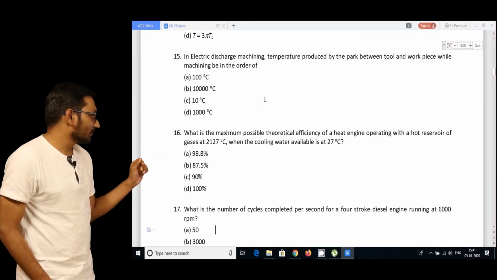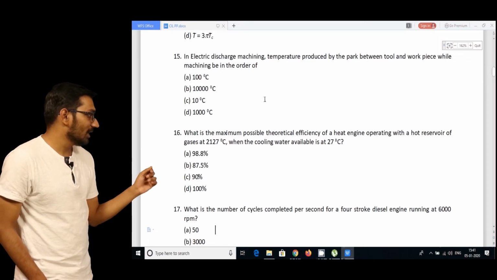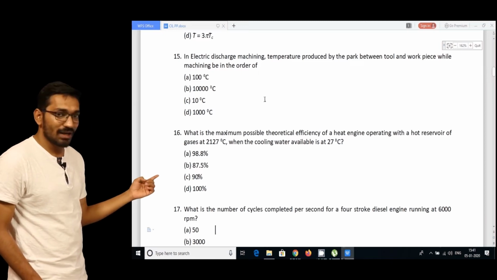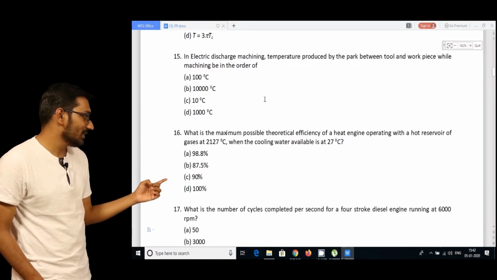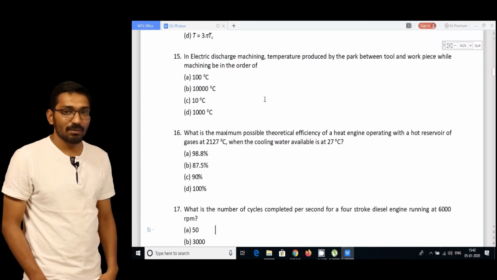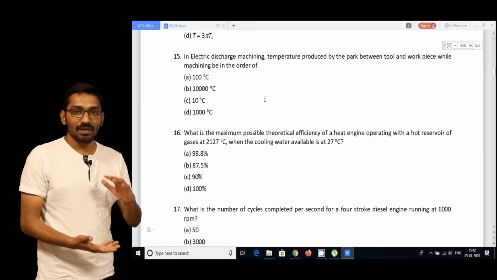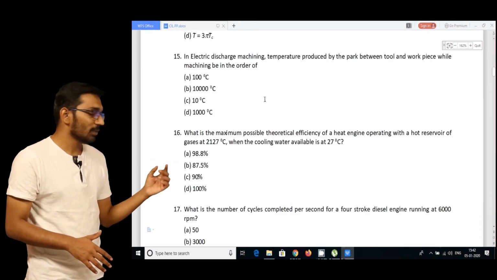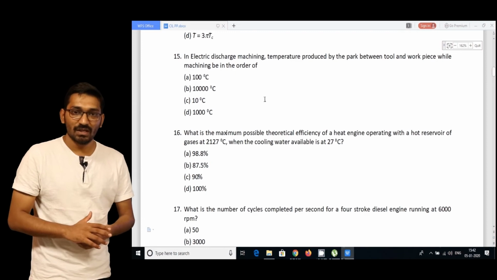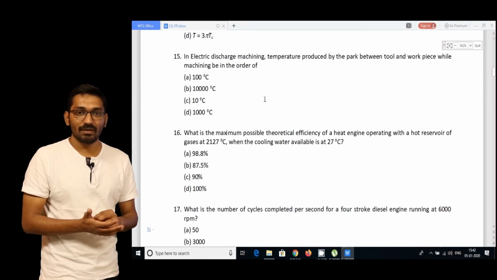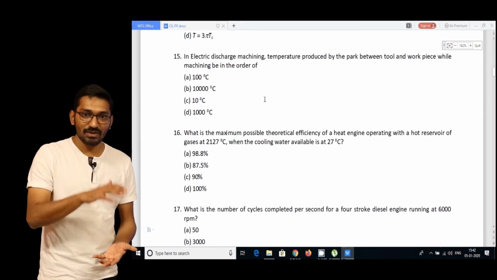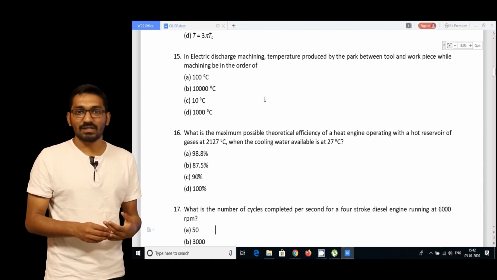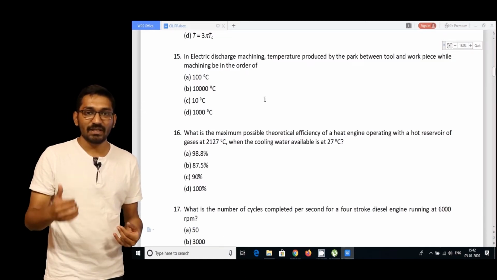The next question is, what is the maximum possible theoretical efficiency of a heat engine operating with a hot reservoir of gases at 2127 degrees Celsius, while the cooling water is available at 27 degrees Celsius. High and low temperature limits are given, and you want to find the maximum possible thermal efficiency. You know from the thermodynamics concept that between some temperature limits, the maximum efficiency is that of a reversible cycle, and the reversible cycle efficiency will be 1 minus T2 upon T1.